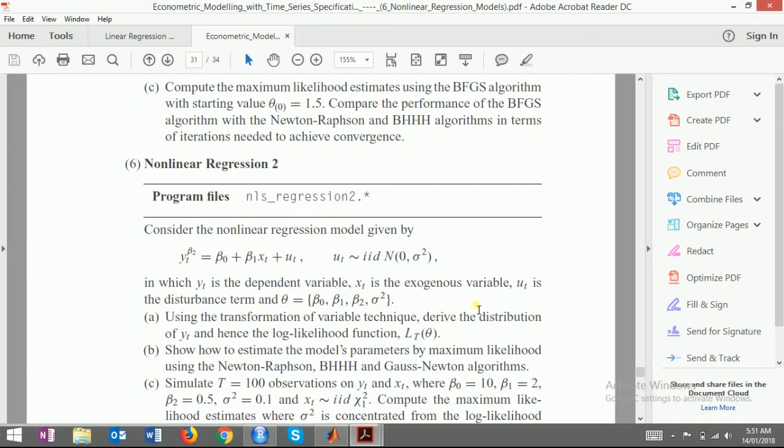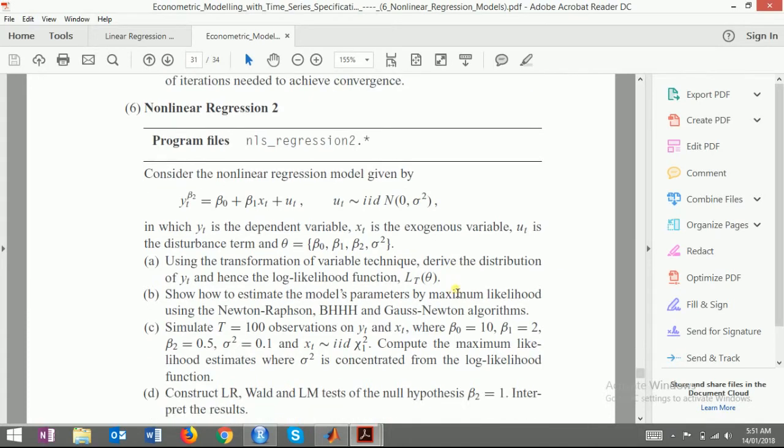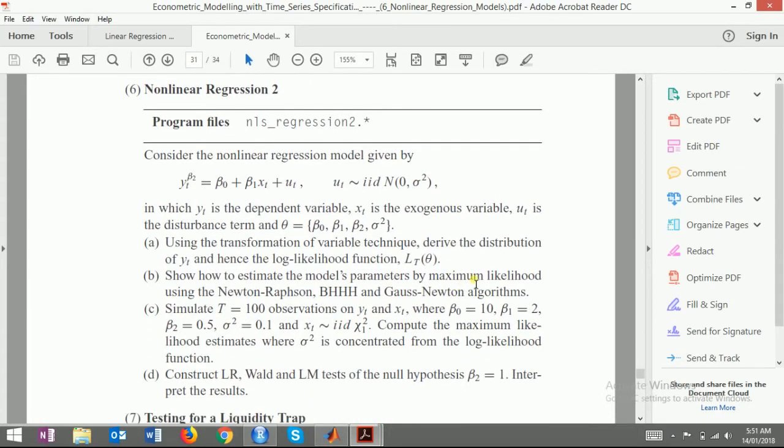X is exogenous, y is the dependent variable, u is the disturbance term, theta is beta naught, beta 1, beta 2, sigma square. Using the transformation of variable technique, derive the distribution of y and hence the log likelihood function. So basically we need to derive y and the log likelihood function value. We need to do Newton-Raphson, BHHH, Gauss-Newton.